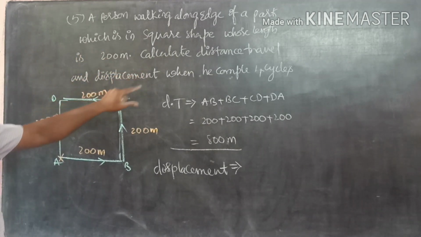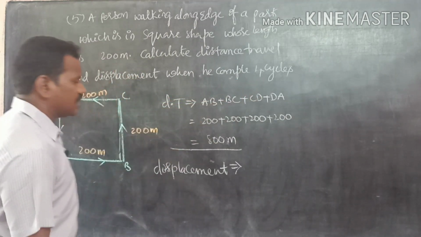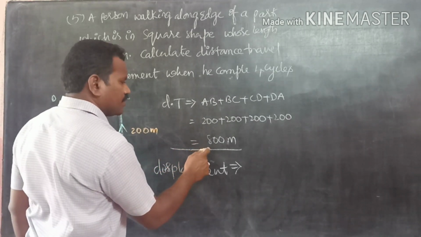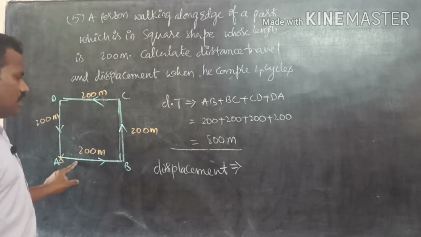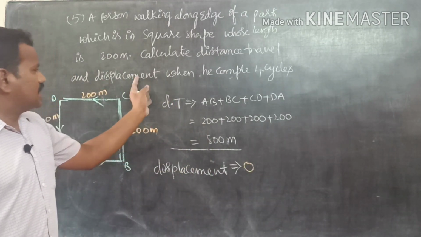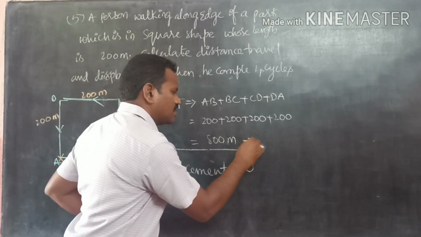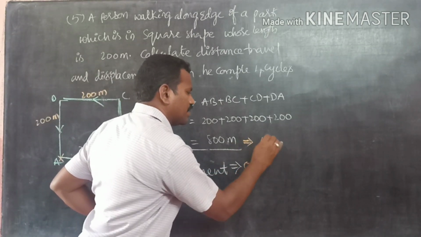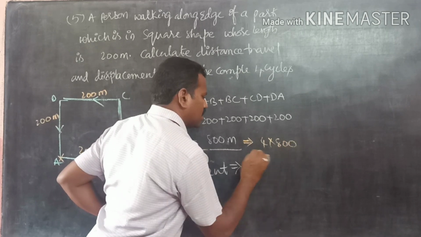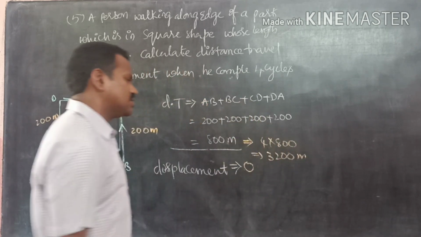Here, for one cycle the displacement is equal to 0, but we required the total for 4 cycles. Here this is for one cycle, then for 4 cycles what happens? 4 into 800, that is nothing but 3200 meters.